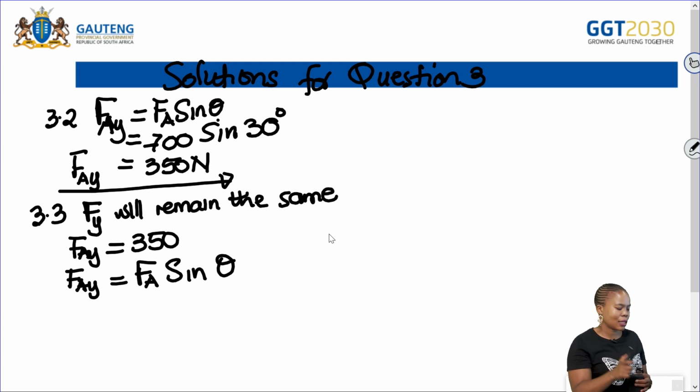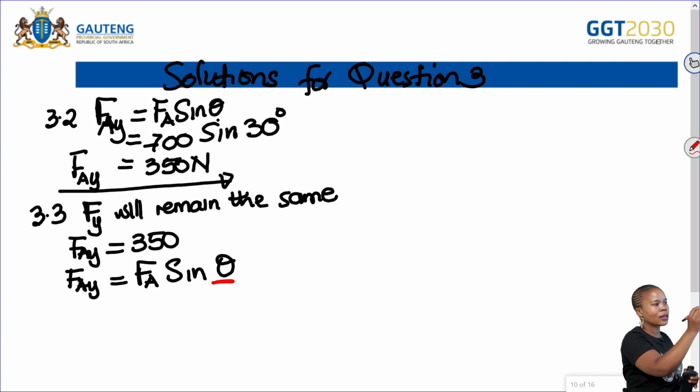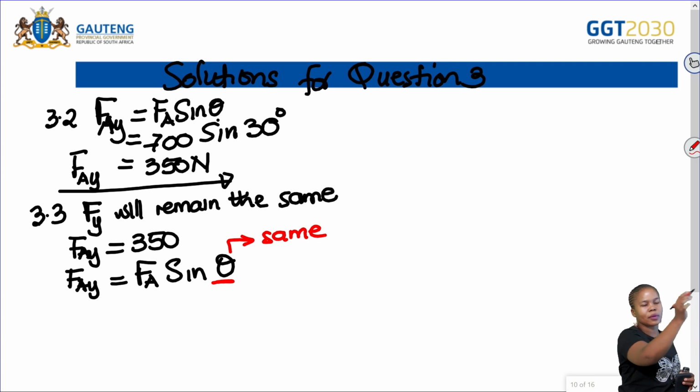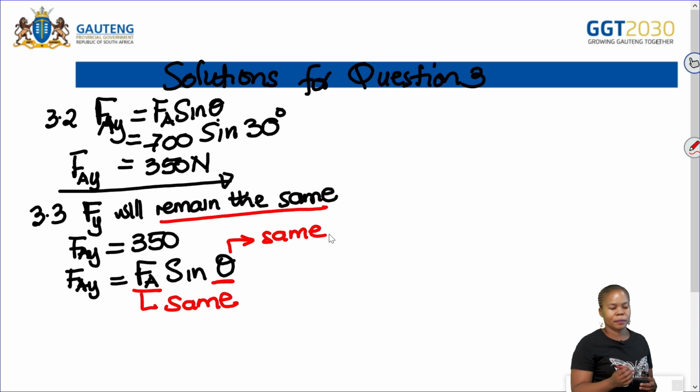The important things here are your angle, which we said remains the same, and the magnitude of the force, which is also remaining the same. Therefore, this one will remain the same.